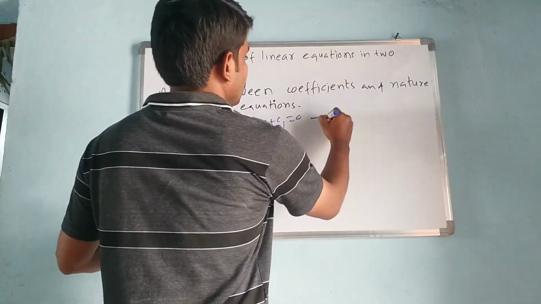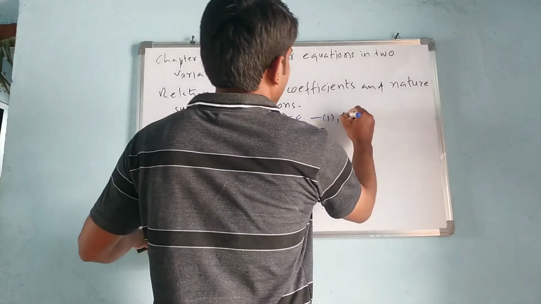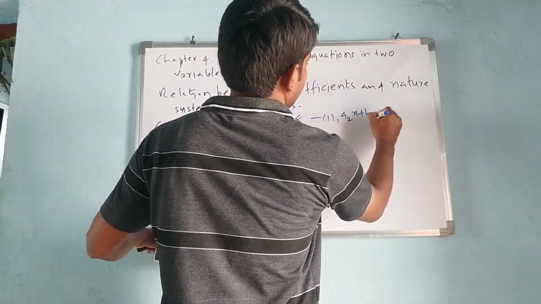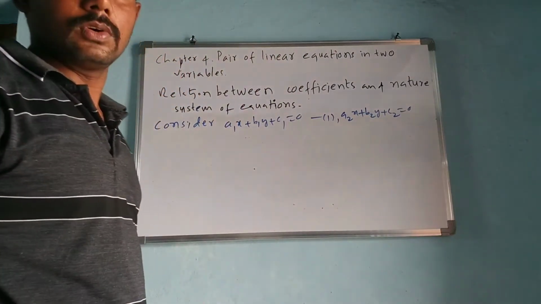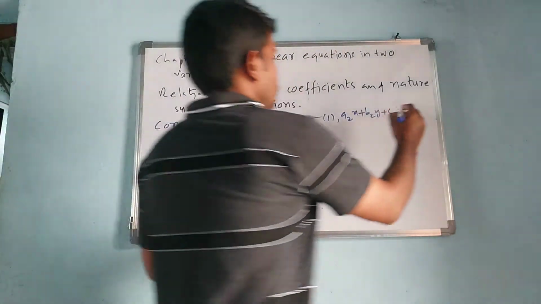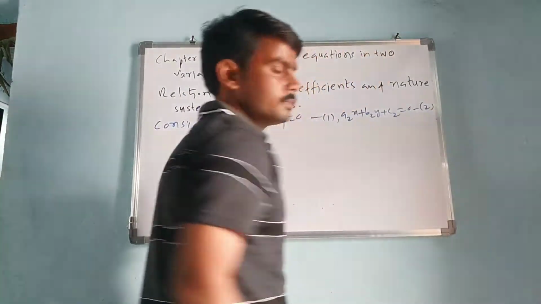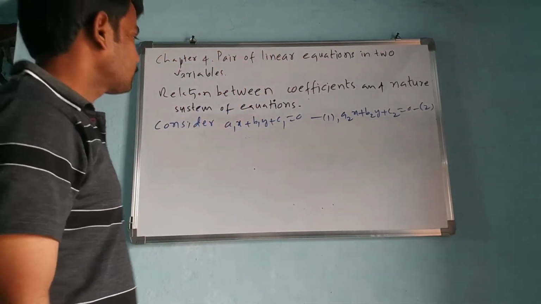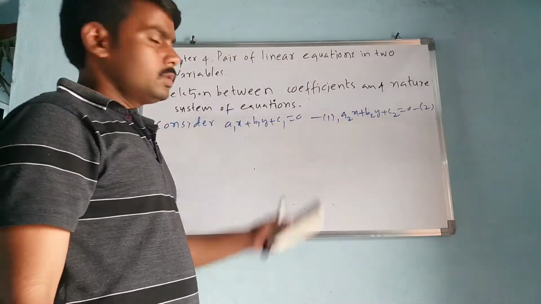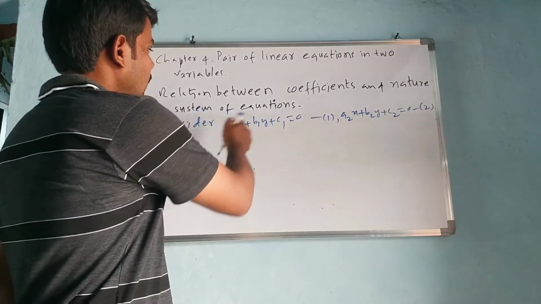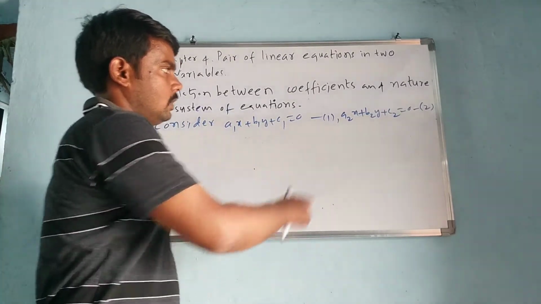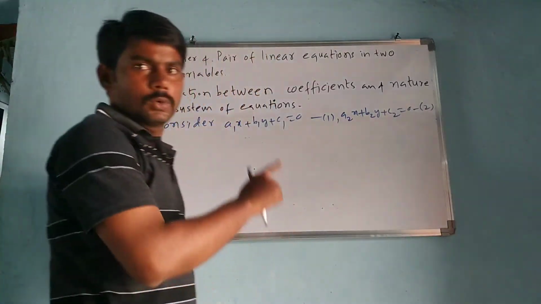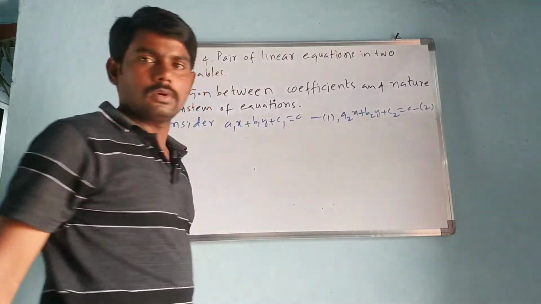This is equation 1, and a2x plus b2y plus c2 is equal to 0. So this is equation 2. Clearly, a1, b1 are the coefficients here, c1 is the constant. Now here a2, b2 are the coefficients and c2 is the constant.